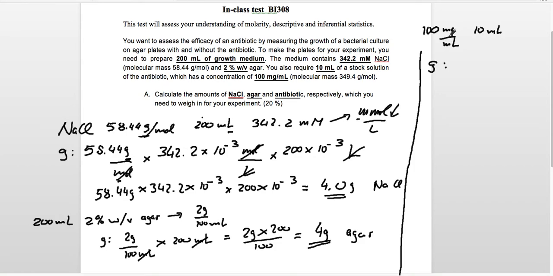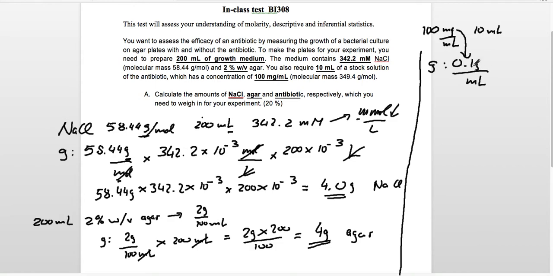So grams in this case. Now we have 100 milligrams per milliliter. I can also write this as 0.1 gram per milliliter. 100 milligrams is the same as 0.1 grams per milliliter.